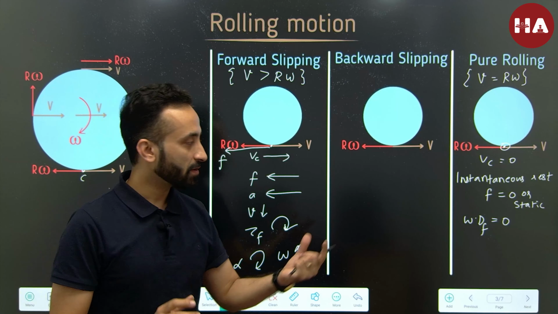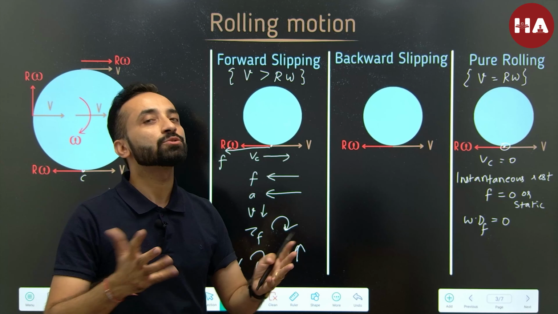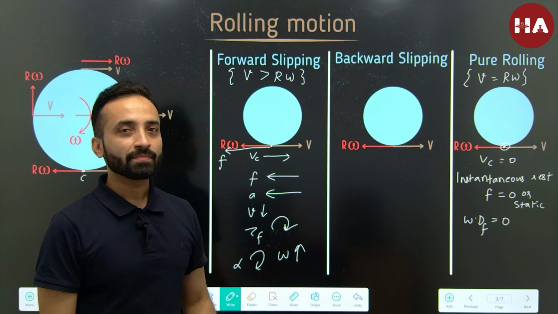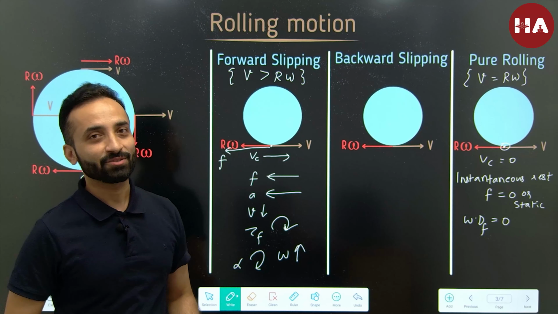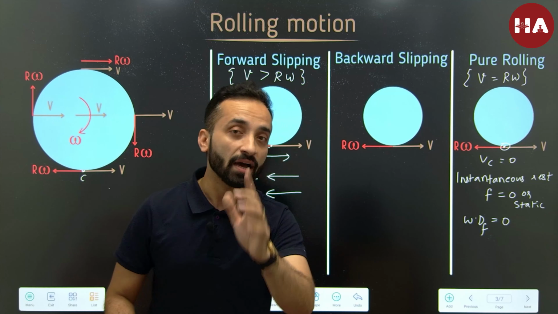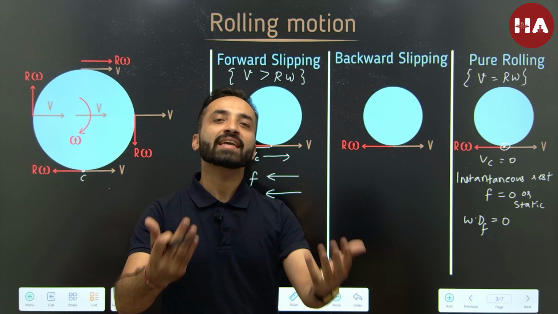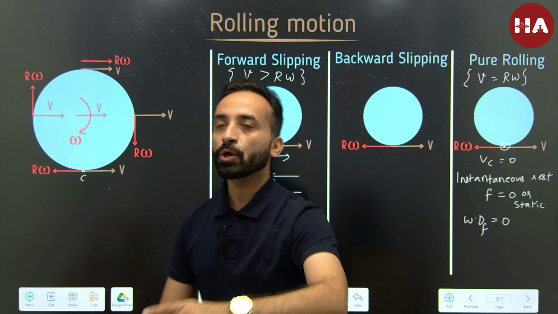In pure rolling, there is almost no energy loss due to friction, and it is only the air resistance that stops the object. That's very fascinating: in spite of the surface being rough, friction is not playing any active role here. But that's only in the case of pure rolling.